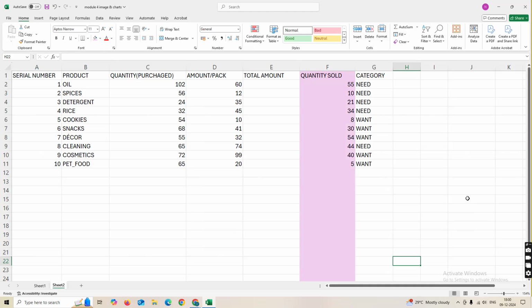When I am putting this formula, should it be equals to, or just A2 plus 1? It's equals to A2 plus 1. I guess if you don't put equals to, then also it should work. By default, it will take.